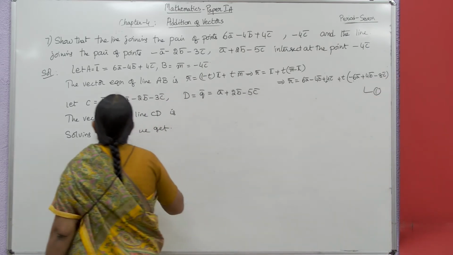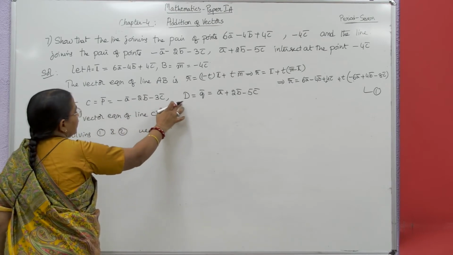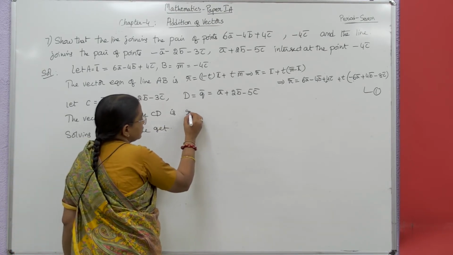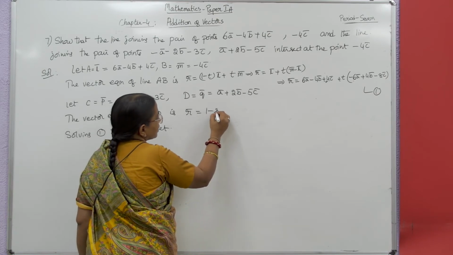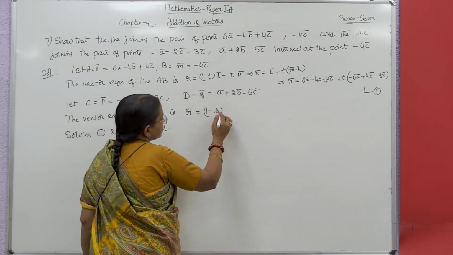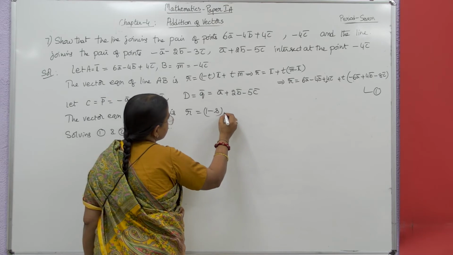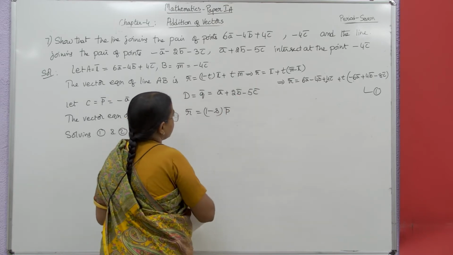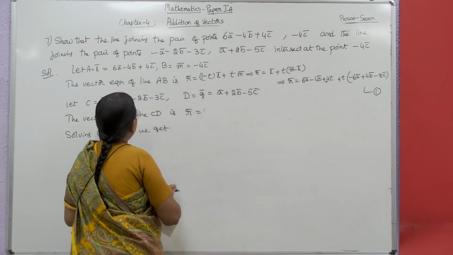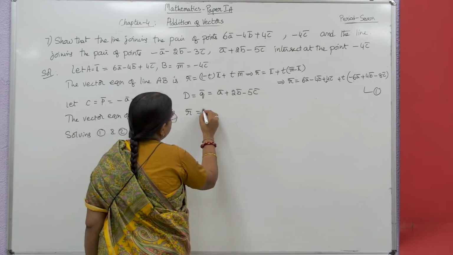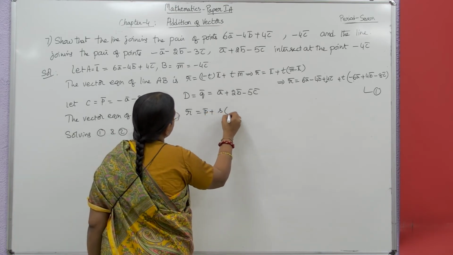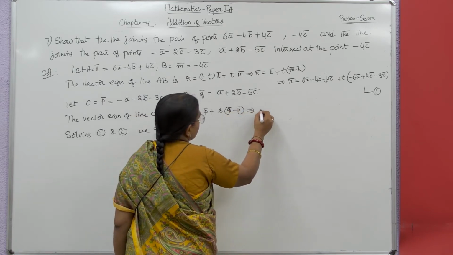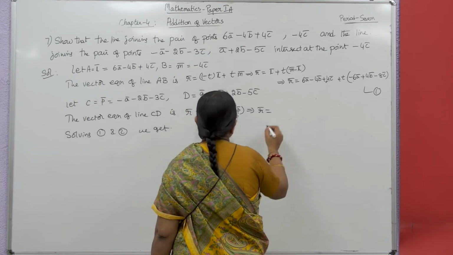Now in the same way, take this point C and D like this, P and Q. The vector equation of the line CD is R is equal to 1 minus S into P plus S into Q. You take a different letter, S instead of T. Or else we'll take this equation, R is equal to P plus S into Q minus P. So R is equal to P. What is P?